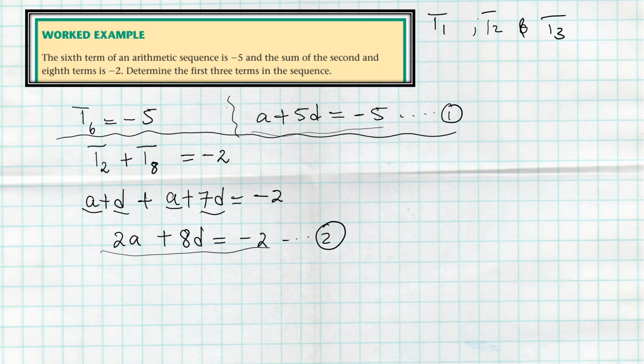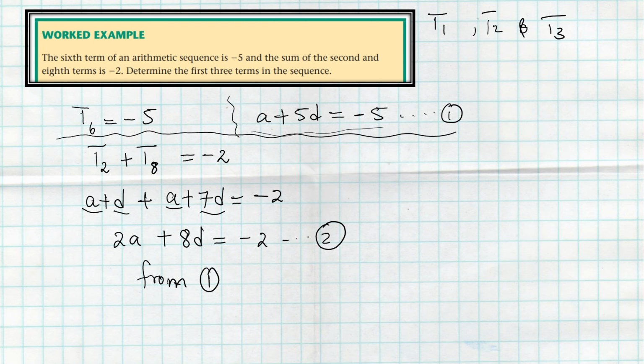For example, I want to make this the same as the 2A, so I multiply everything by 2. Then I subtract the two equations, the 2A's cancel, and you can solve for D. But let's just use simultaneous because mostly they don't normally use elimination. So from equation 1 we're gonna get our equation 3.